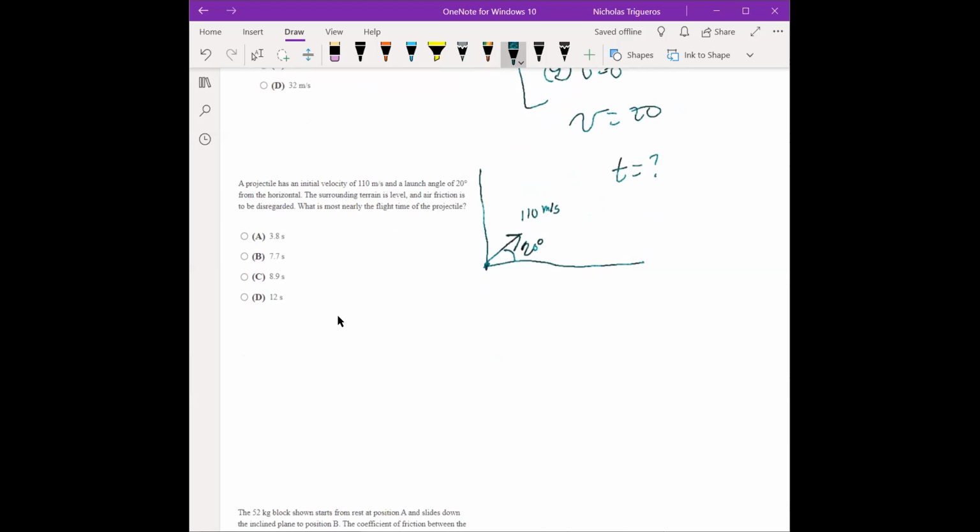That's not nice for us trying to figure out how long it's in the air. No. So why don't we look at the y, not forces, the velocity in the y direction. My guess after that would probably be to take an integral of it, but we wouldn't know how far it is. Never mind. So what's the velocity in the y direction? How many components do we have? It should be 110 times sine 20.